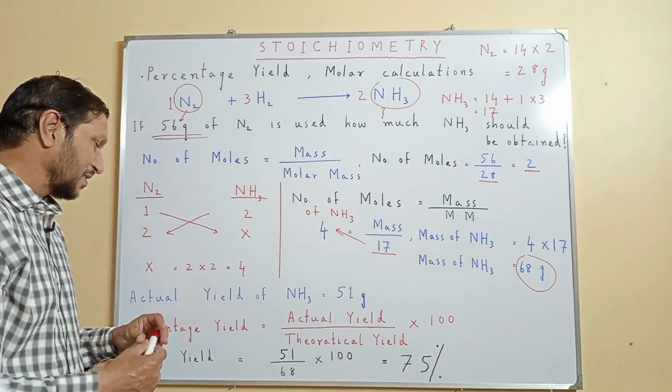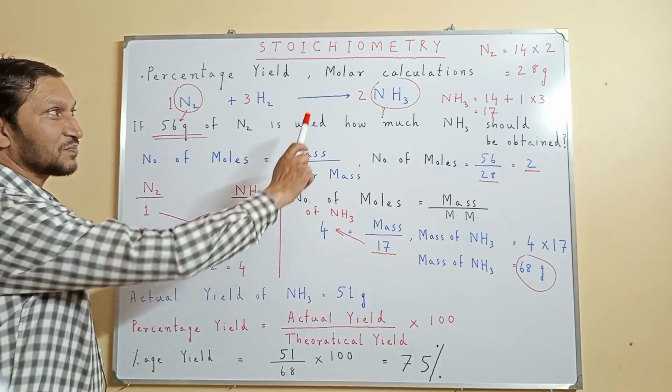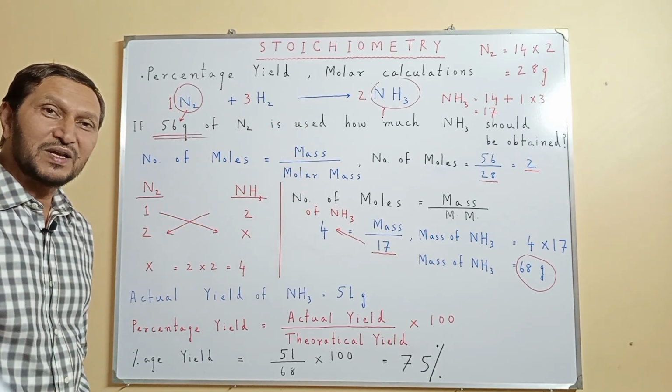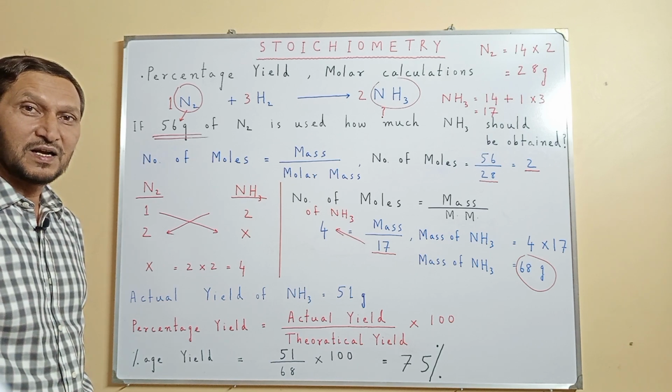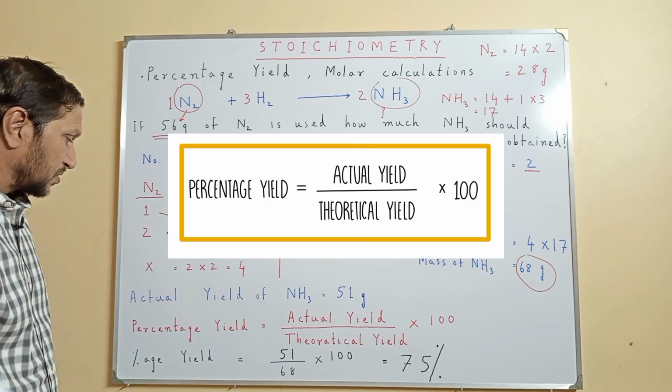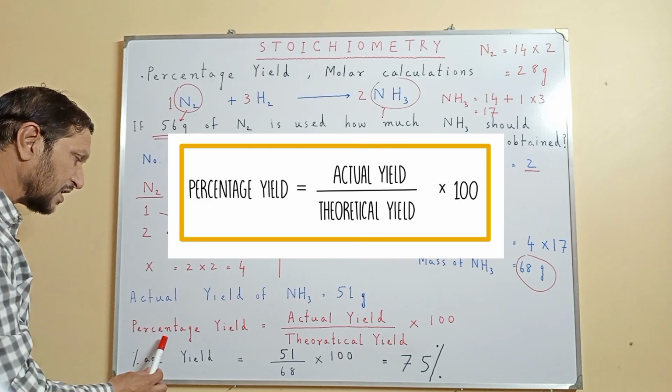Now come to the percentage yield. After the molar calculation, I will explain how to calculate percentage yield and what it means. Let me first tell you the formula of percentage yield.